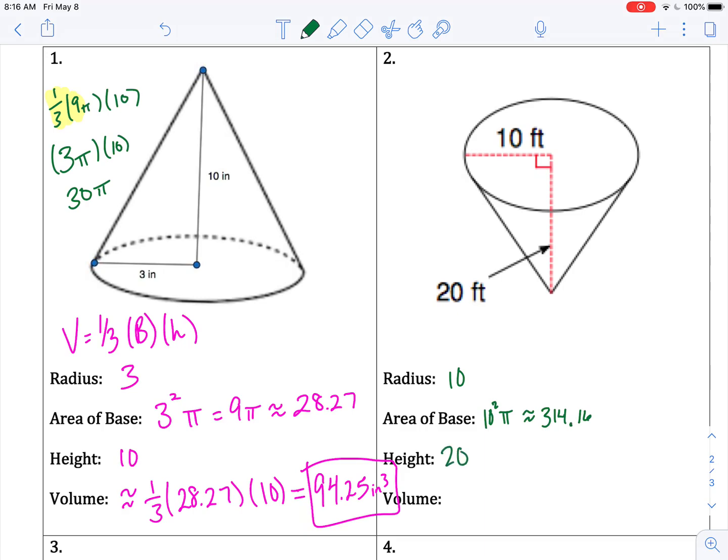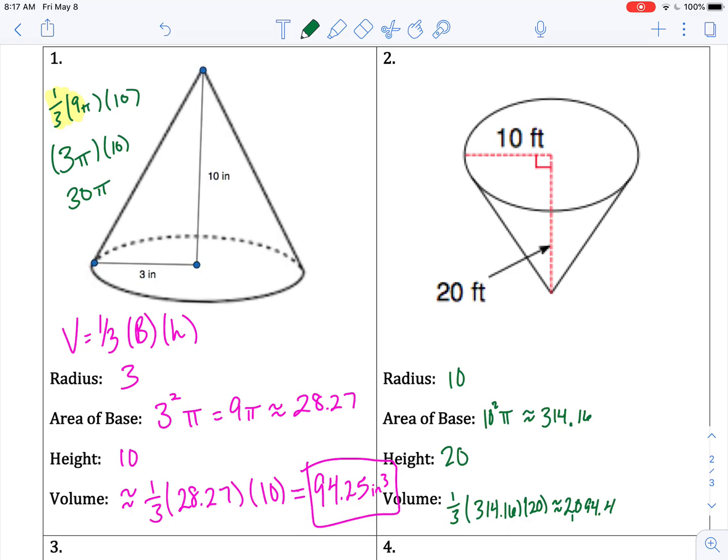And the height is 20, so the volume is going to be 1/3 of the area of the base times the height, which is about 2094.395, so I'll round that to 0.4.